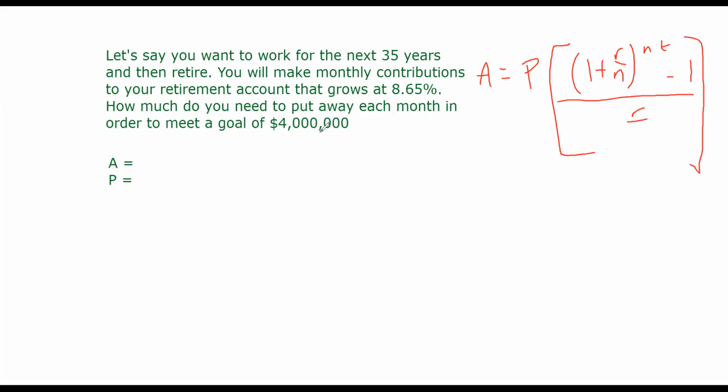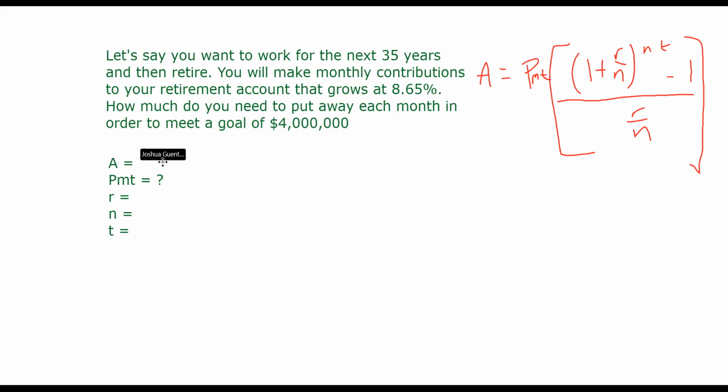We're still going to use this formula, but we're going to flip it on its head because now we don't know what P is, the payment. P, or you can call it PMT. So I might put PMT in here. It's not P times M times T, it's just the single variable PMT. Now we don't know what the payment is.